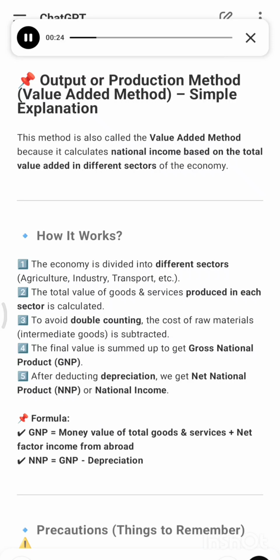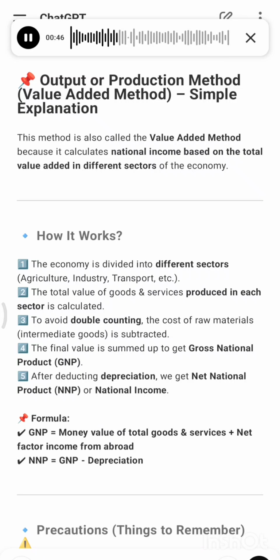The total value of goods and services produced in each sector is calculated. 3. To avoid double counting, the cost of raw materials, intermediate goods, is subtracted. 4. The final value is summed up to get gross national product, GNP. 5. After deducting depreciation, we get net national product, NNP, or national income.